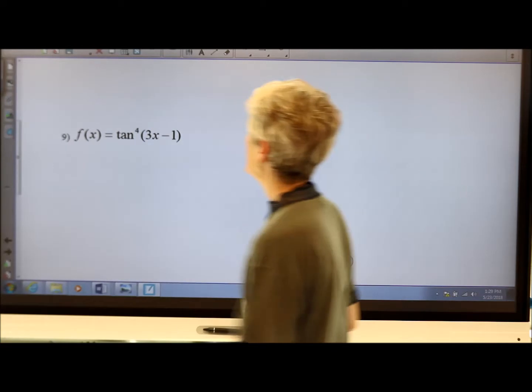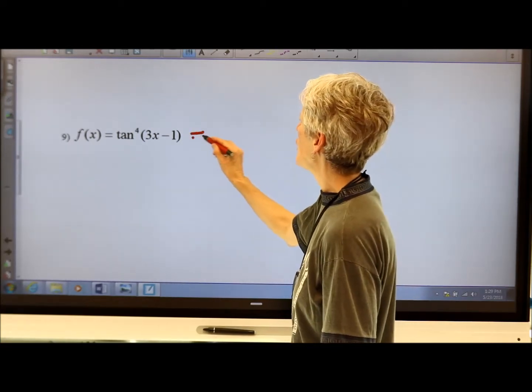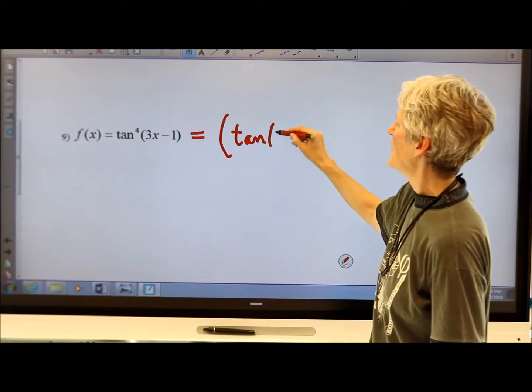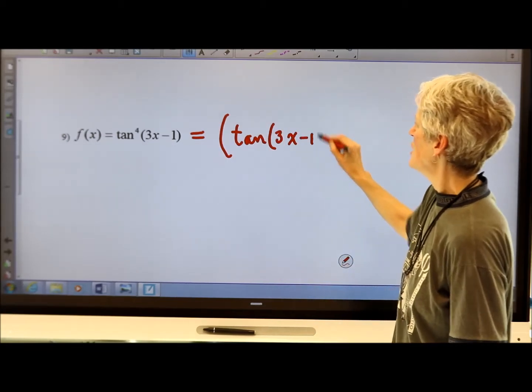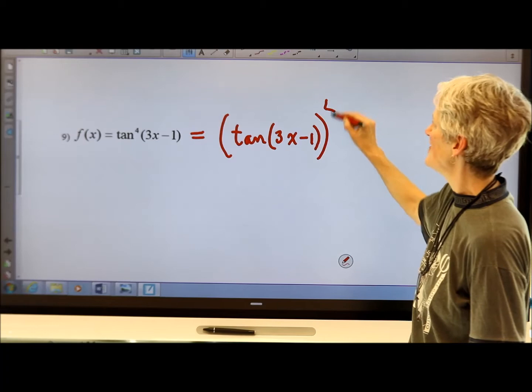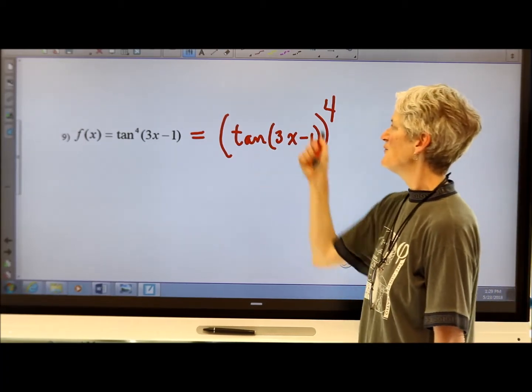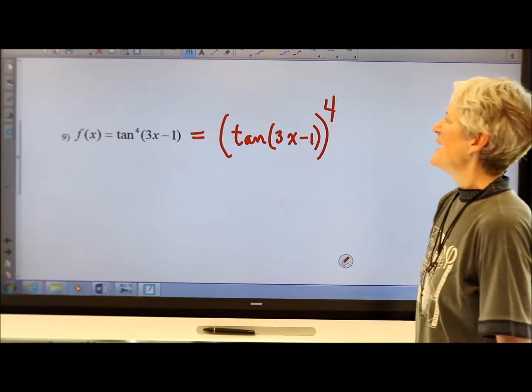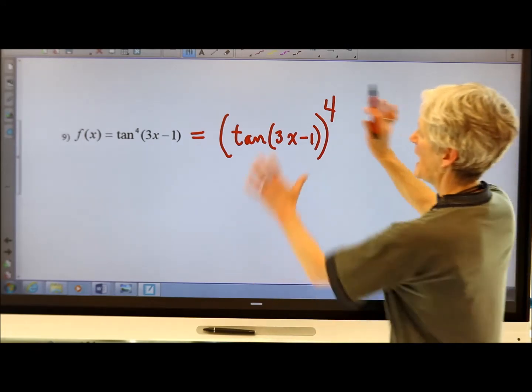Whenever you see a trig function like this, just go ahead and rewrite it, because I think that notation is very confusing. What that notation means is really this: it's that entire function raised to the 4th. Now, this is going to be interesting because I have an outside function.